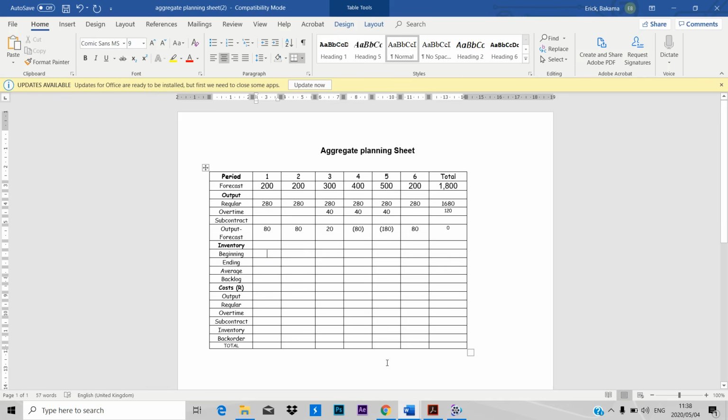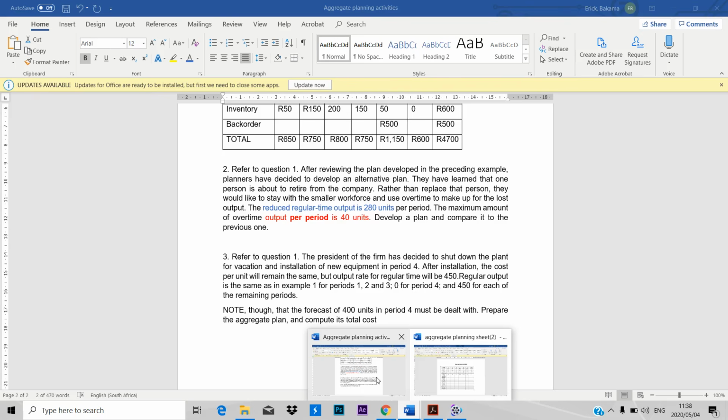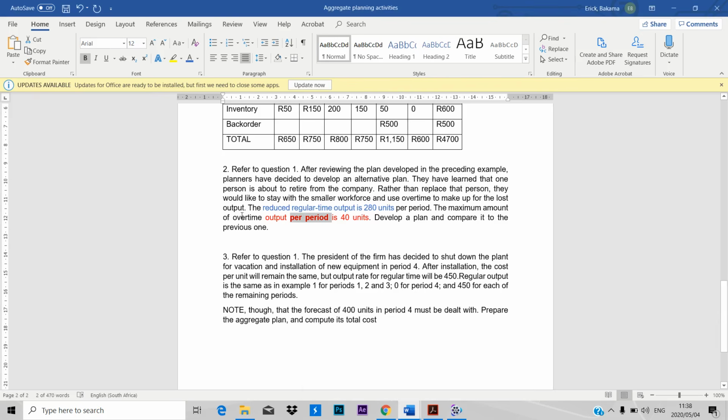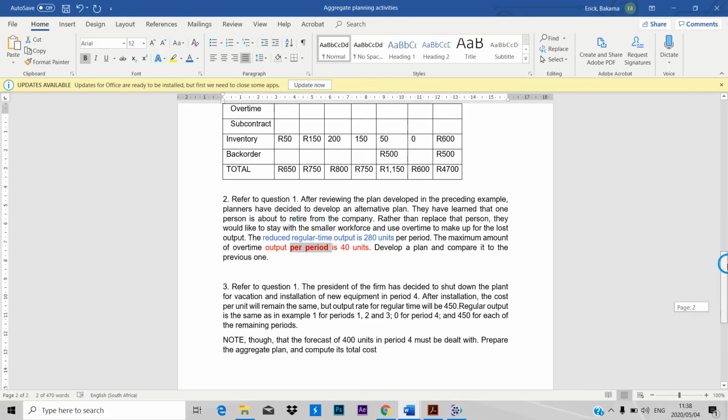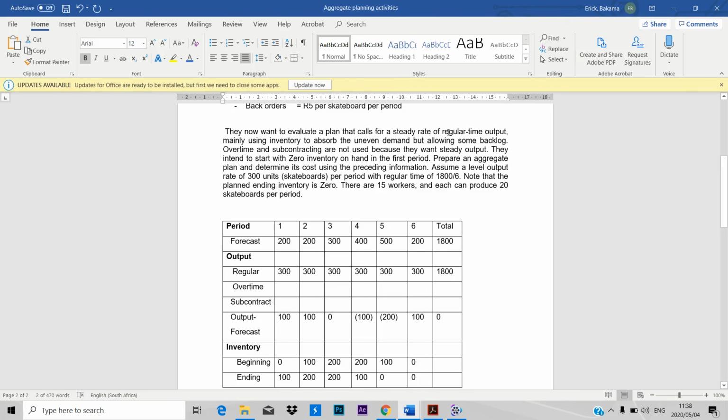The company is saying that they are starting the inventory with 0, because remember, they say to refer to question 1, and question 1 is saying not only that the planned ending inventory is 0, but also that they intend to start with a 0 inventory for the first period.